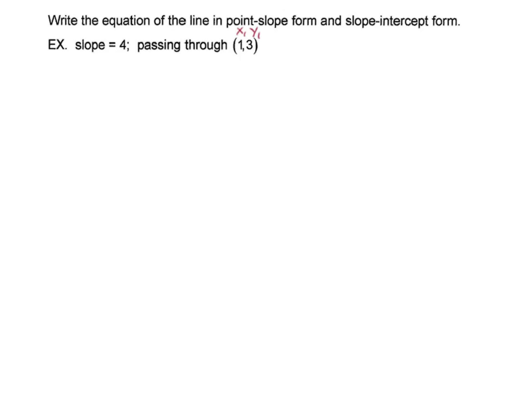We already have M, so we can skip that formula and go straight to point slope. So that formula is y minus y1, which is 3, equals m, which is 4, parentheses, x minus x1, which is 1. So that's point slope form.